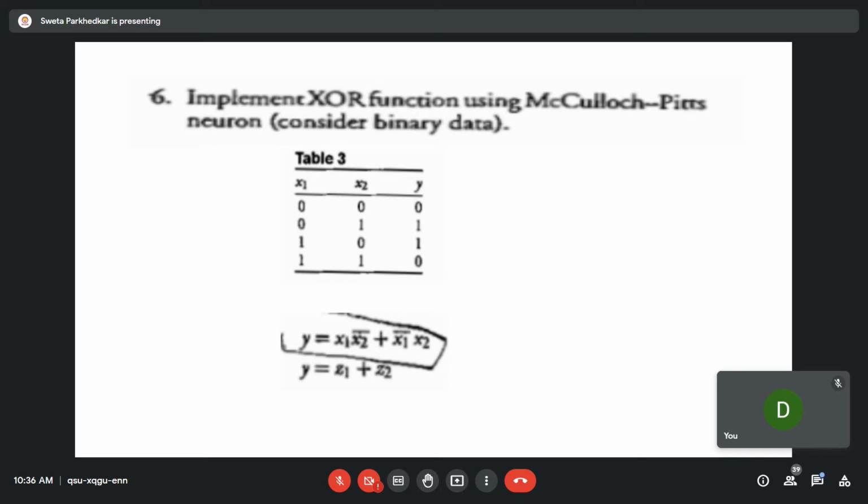Now these are two functions, that is y is equals to x1 x2 bar plus x1 bar x2, and this is another function जिसके लिए हमको weights find out करना है, जिसके लिए ये output will be true. Okay, so for this there are Z1 के लिए हम लोग ये कंसिडर कर रहे हैं, Z2 के लिए ये वाला कंसिडर कर रहे हैं, एंड ओवरऑल आउटपुट इज व्हाट? इट इज Z1 plus Z2.